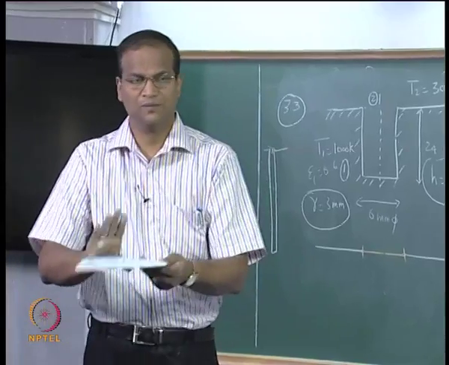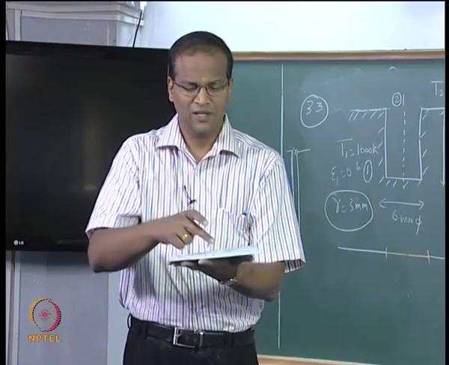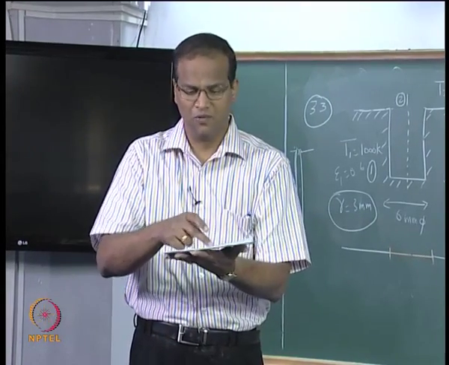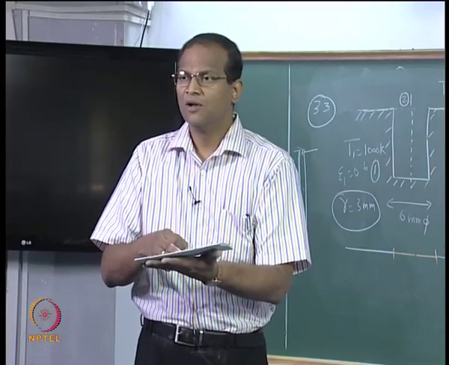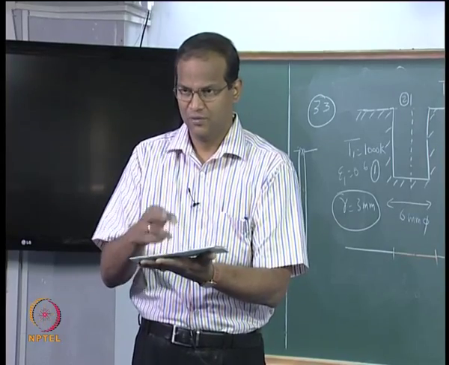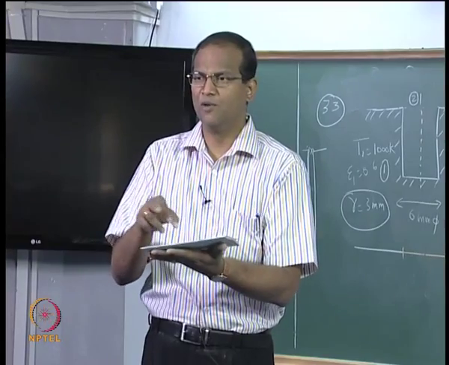I have the surface, please look at me for a minute. I have the surface, if I take a 6 millimeter hole, the area is pi d square by 4, it can emit only pi d square by 4 into sigma into 0.6 into 5.67 into 10 to the power of minus 8, okay. The maximum will be 1 into sigma into T to the 4 into 5.67 10 to the power of minus 8.